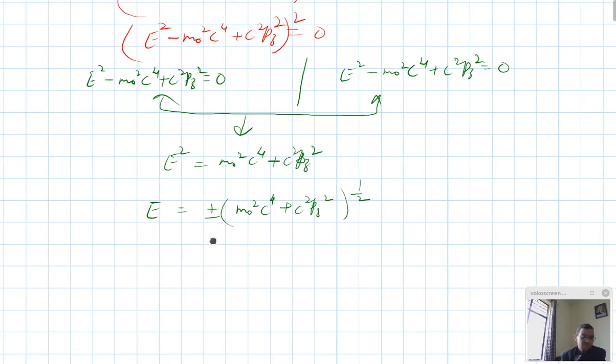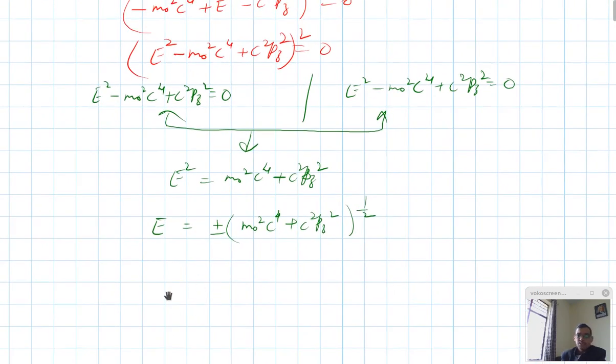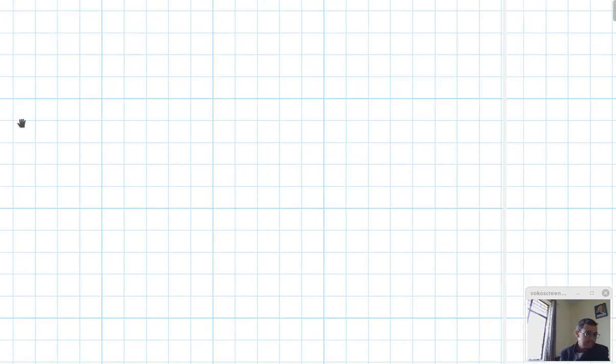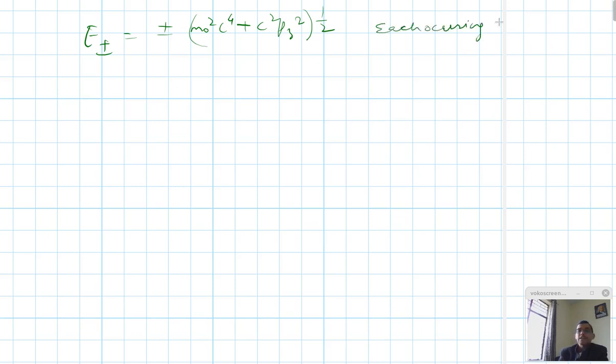Thus we are having two solutions. So let me interpret this solution. So that means E plus minus is equal to plus minus m naught square c4 plus c square pz square raised to power 1 by 2, and each occurring 2 times, because we must have 4 values, right?